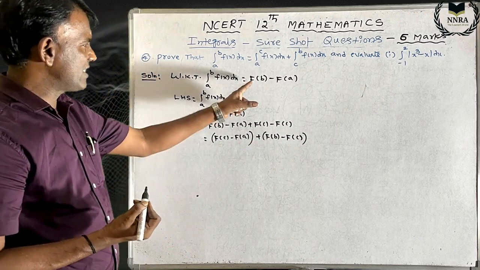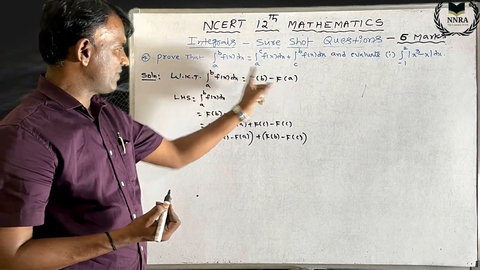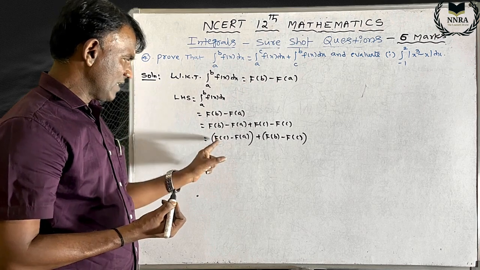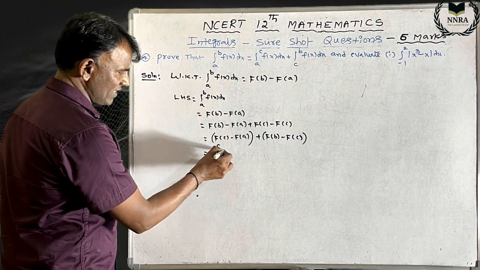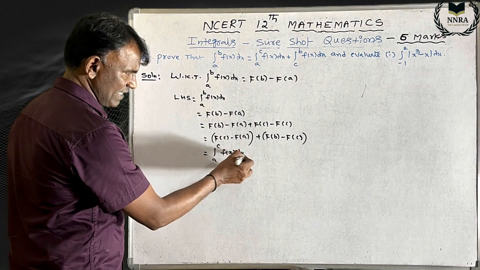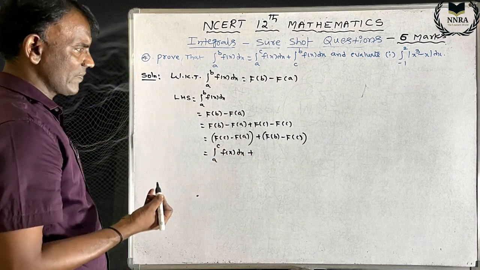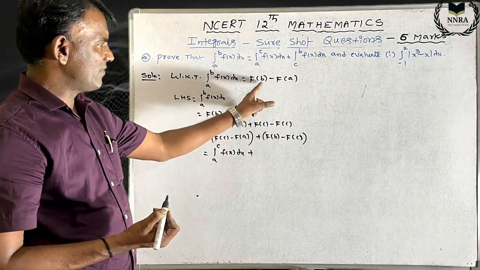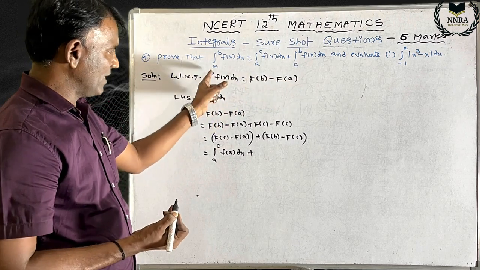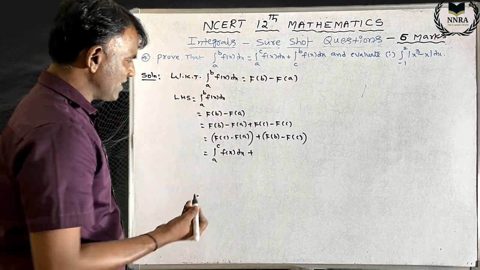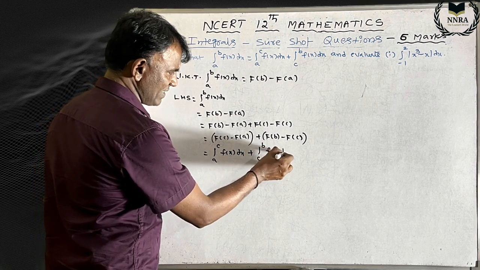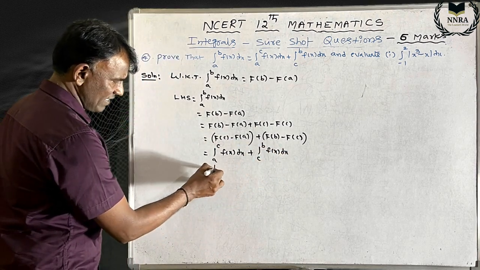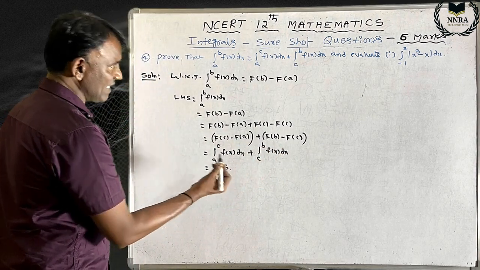By using this definition, f of b minus f of a means integral a to b, similarly f of c minus f of a means integral a to c. So it is integral a to c f of x dx, and f of b minus f of c is integral c to b f of x dx, that equals the RHS, right?